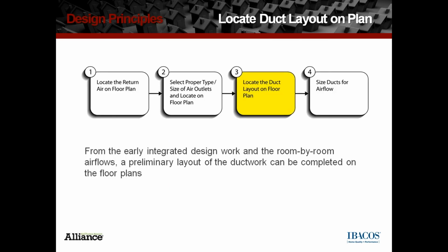So locating ductwork on the plan is very closely related to locating your outlets on the plan. From that early integrated design work and your room-by-room airflows that you got during your Manual J load calculations, you roughly know what size ductwork you need to get to which room and where it can go.